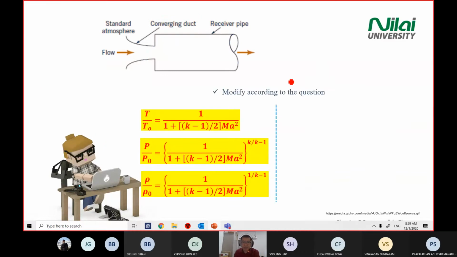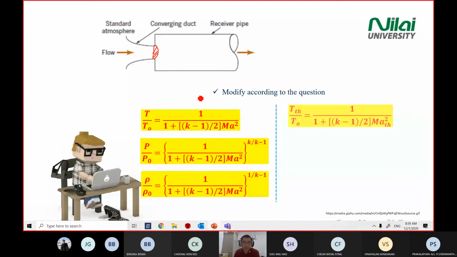All right. Now we modify these three equations, T over T0, at the throat area here. We would modify the left side with a subscript TH. The right-hand side continues the same, only we just want to make sure that we're focusing on the correct area, this throat here.